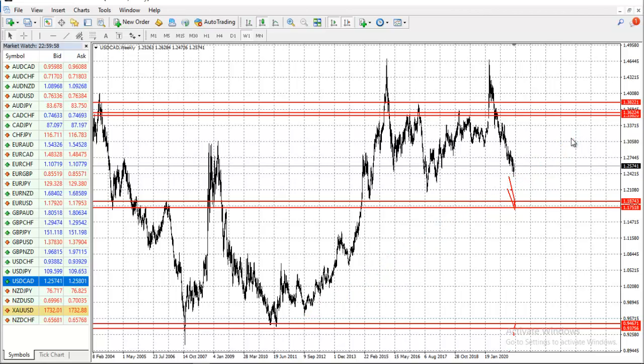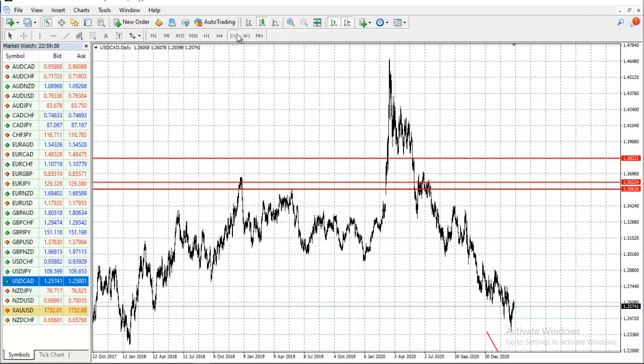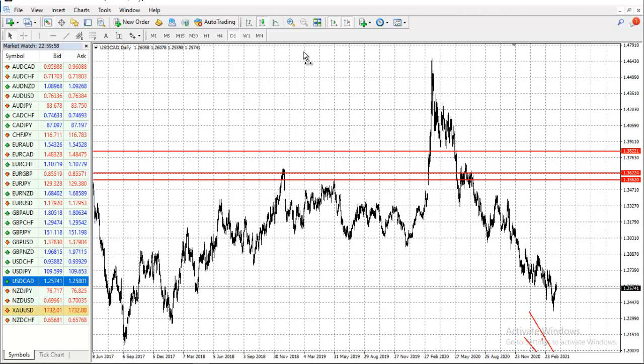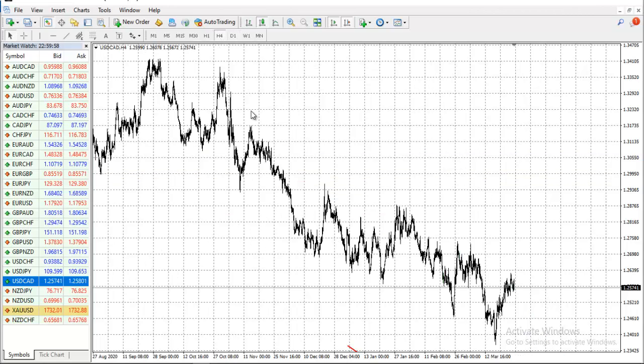So let's move down to the daily time frame. On the daily time frame, you can also see the market is running in a downtrend. So that's the general view.